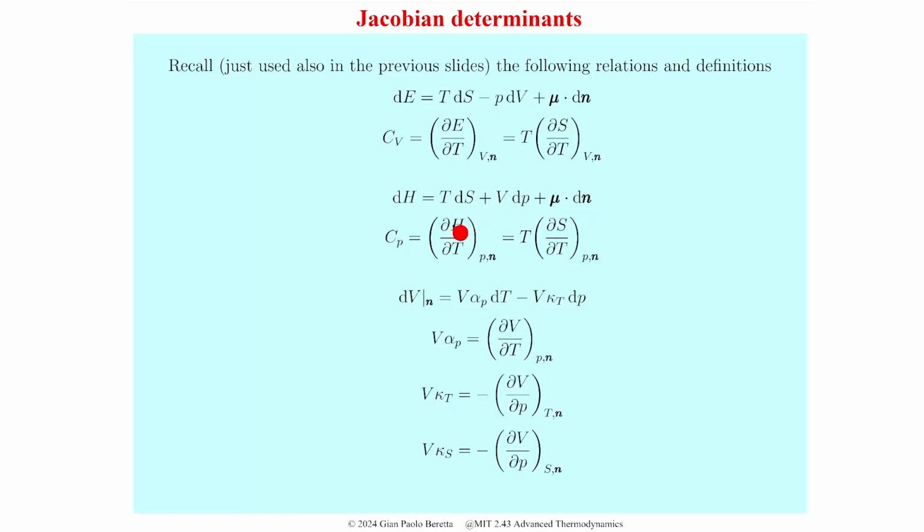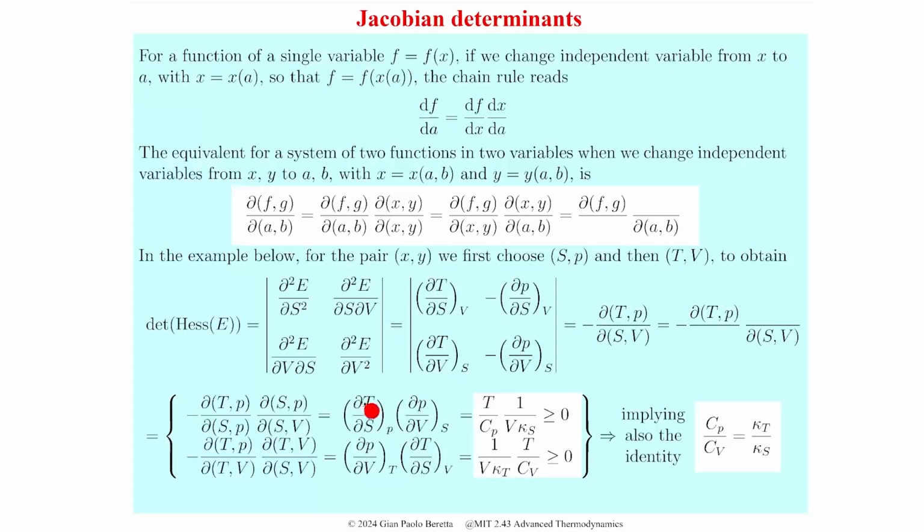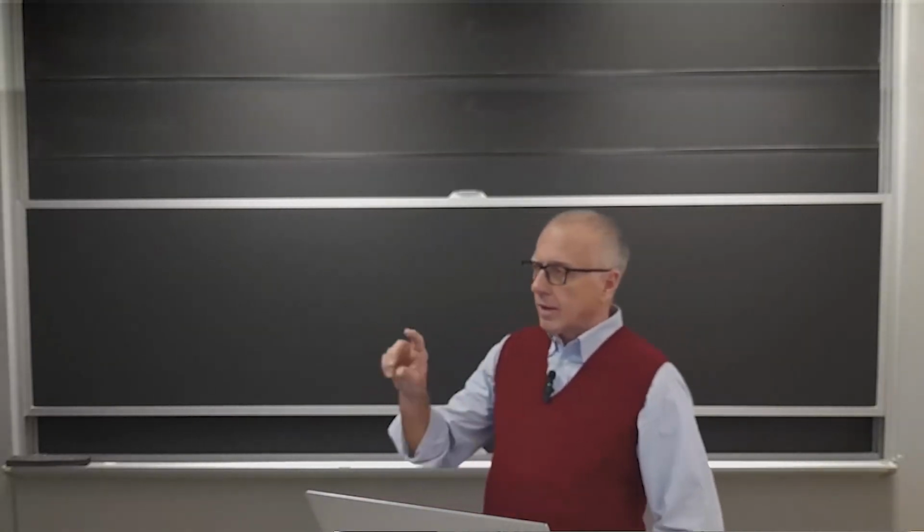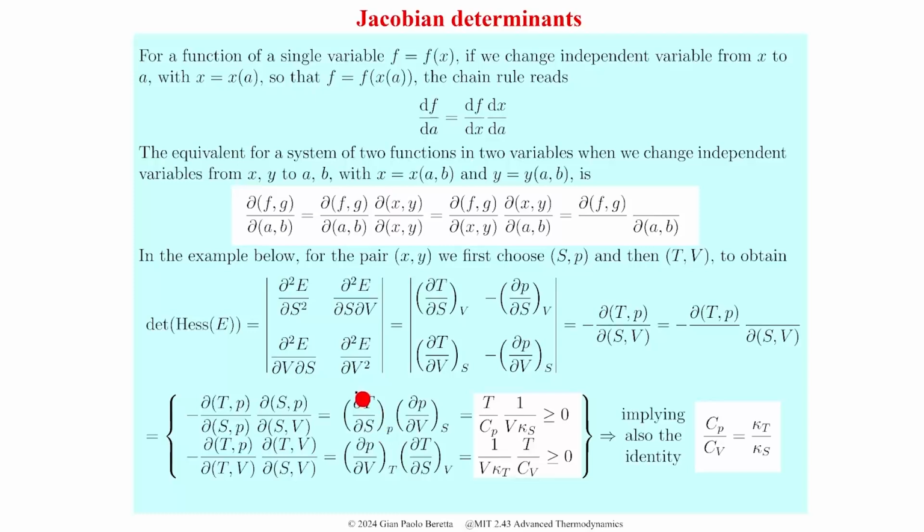So you can substitute the dH with the TdS here at constant P and N. So you see here that the derivative of S with respect to T at constant P is Cp over T. This derivative is therefore the inverse of Cp over T. Why the inverse? Because we just proved that this derivative here is equal to the inverse of its reciprocal, so to speak.